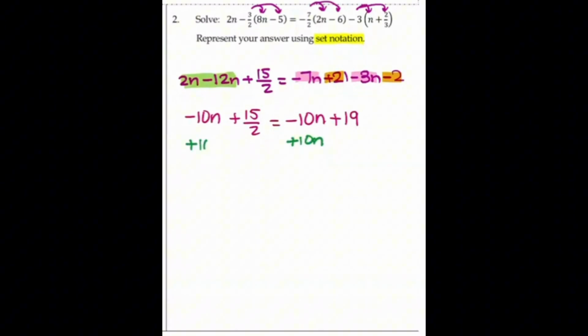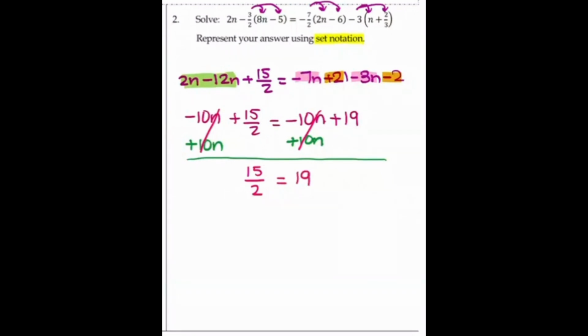But as soon as I saw what I got for the distribution and combining like terms piece, I saw that we had the same n value both on the left and on the right. And if we were to move them together, they would completely get eliminated, leaving no variable. So all we have is 15/2 is equal to the number 19.